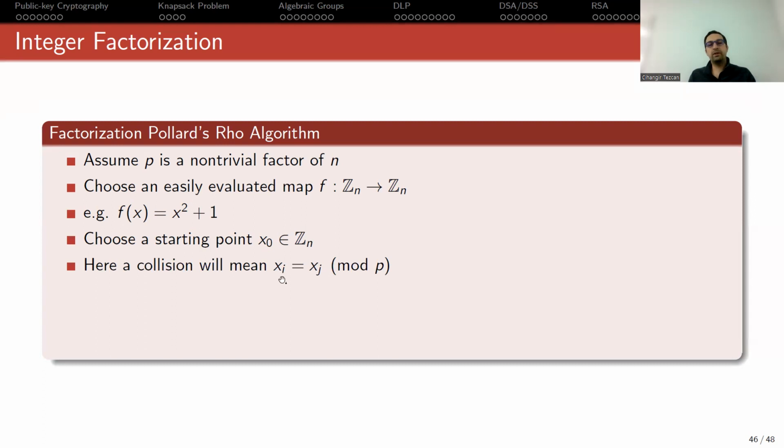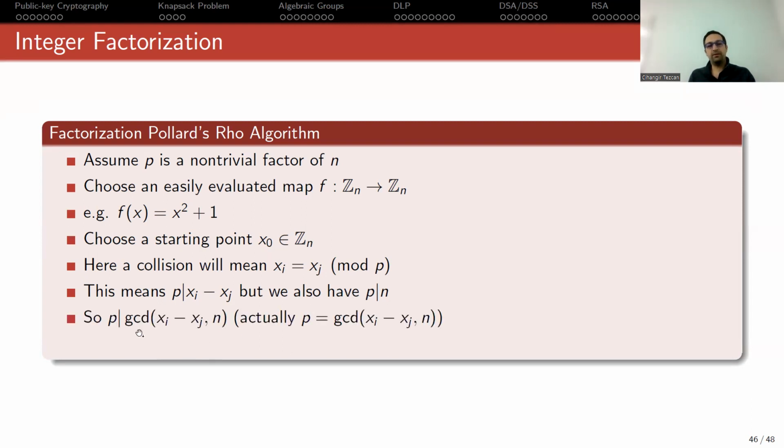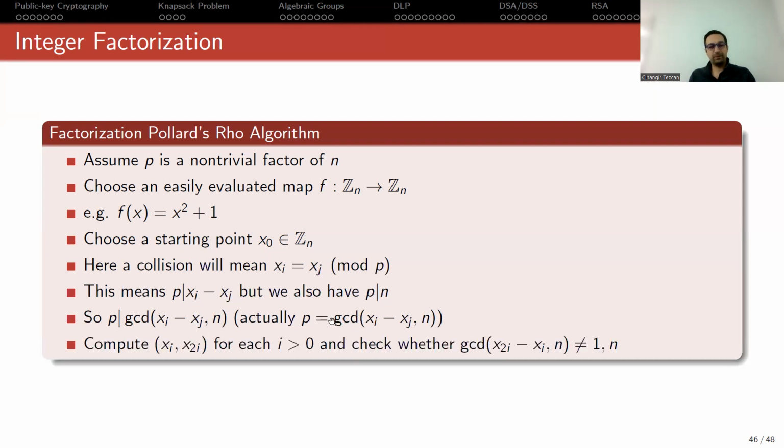Here a collision will mean xi equals xj modulo p. This means p has to divide xi minus xj. But we also have that p divides n, because we assumed that p is a non-trivial factor of n. So p has to divide the greatest common divisor of xi minus xj and n. So actually p has to be equal to this greatest common divisor, but we'll see.